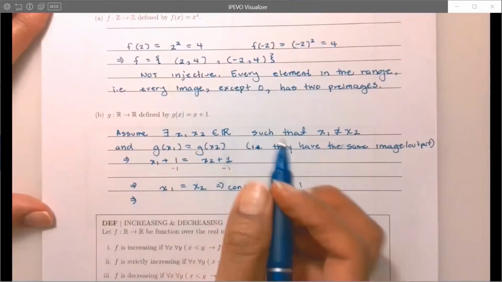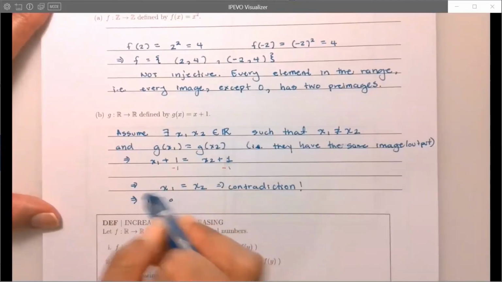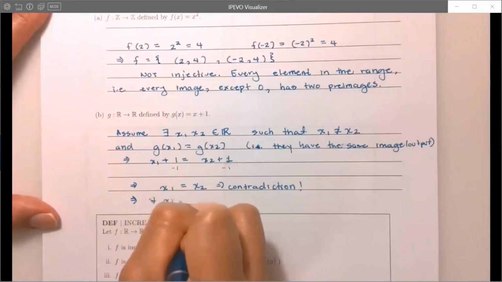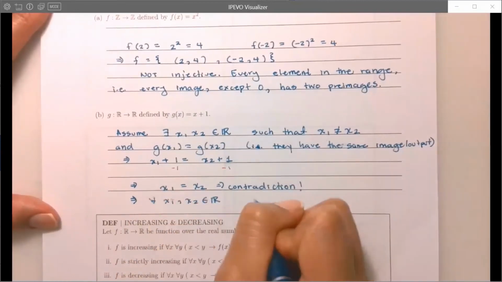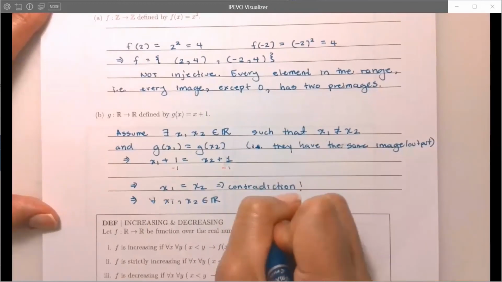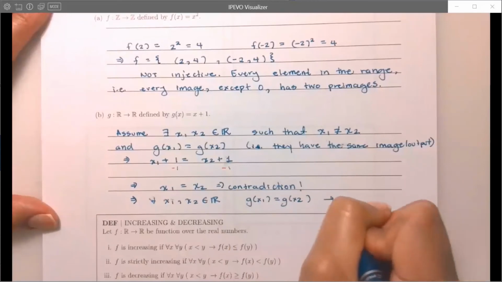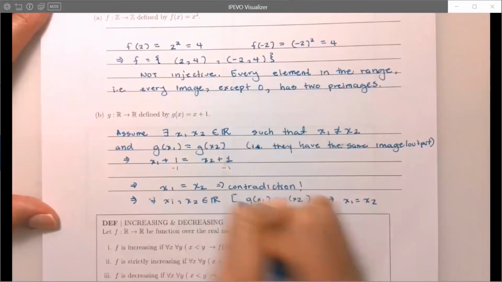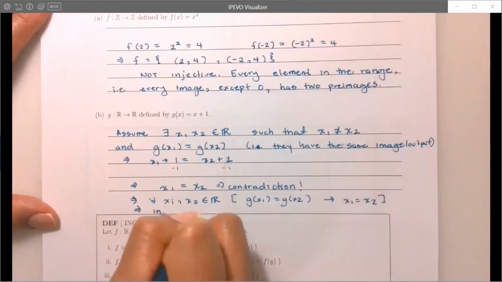So i.e. what that means is that for any elements x1 and x2 that are real numbers, if g of x1 equals g of x2, then x1 will equal x2. And that is the definition of injective.